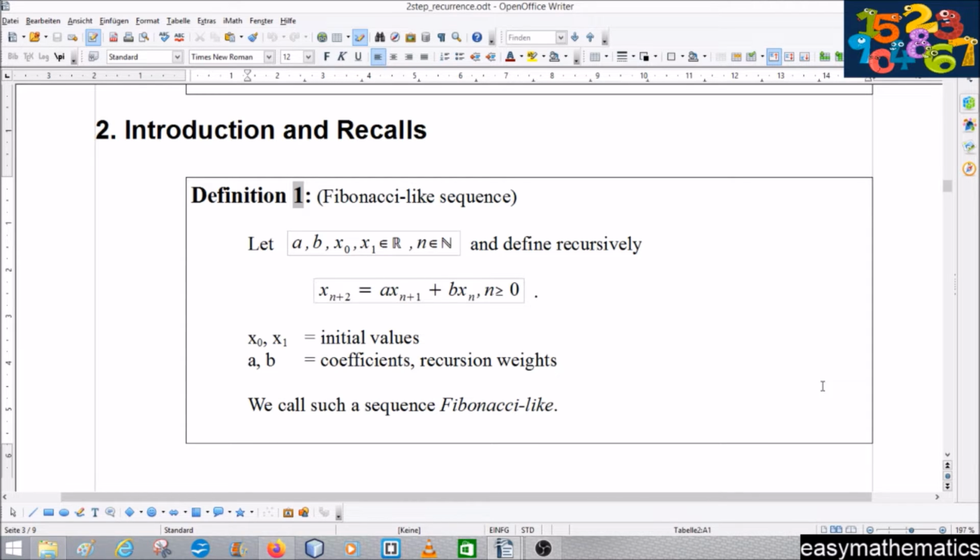And we call x0, x1 the initial values, and a, b coefficients or maybe recursion weights. I don't know if there is an official word for this, but I call it recursion weights. And such a sequence we call Fibonacci-like. Why? Of course, if we take a and b as 1 and x0 and x1 as 1, we get the Fibonacci sequence.